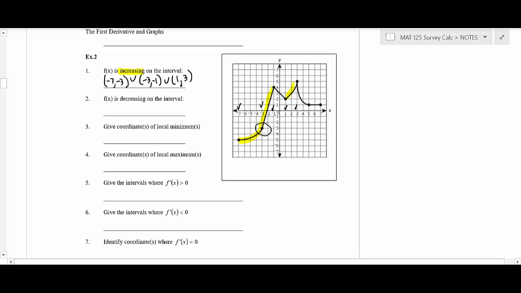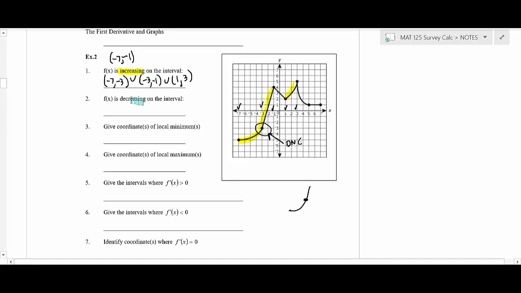You actually could have said -7 to -1, and I probably wouldn't fuss at you too much. But that is a sharp point, so the derivative does not exist there. So I went ahead and broke it up into 2 intervals. It's kind of hard to tell that that's a sharp point, but it really is. That's going from a curve to a straight line.